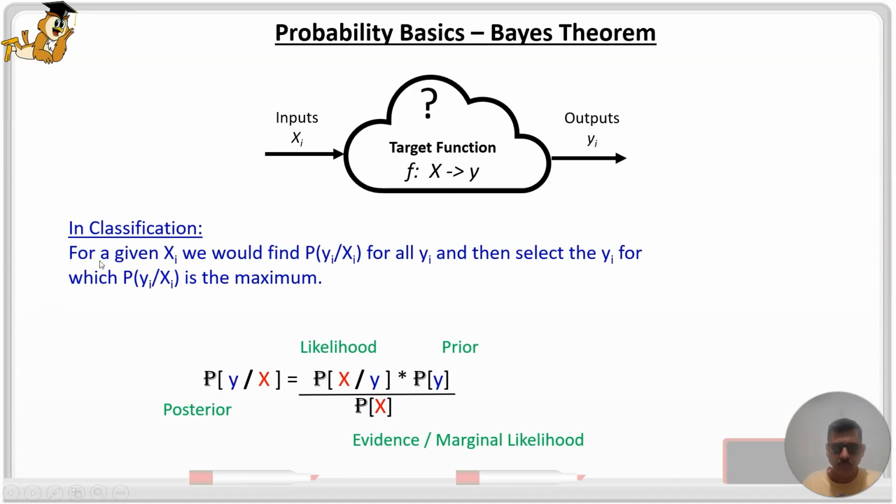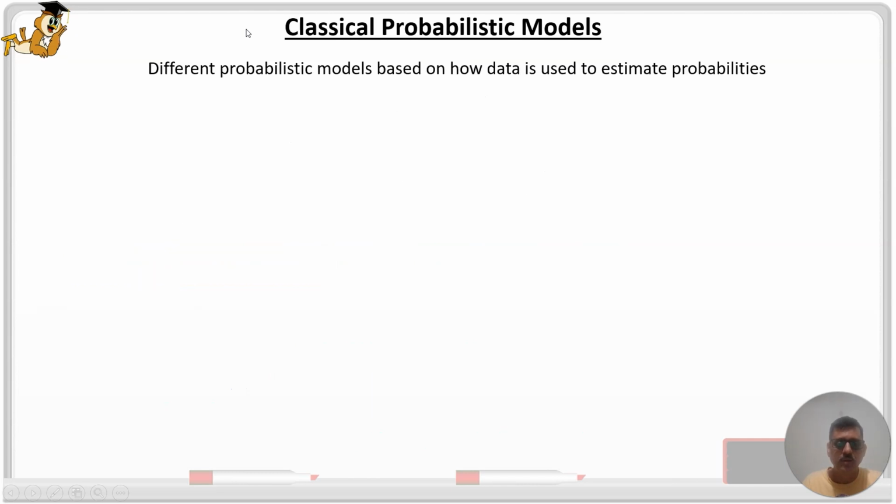Okay. Now that we have established which conditional probability is important to us in terms of our problem, let us proceed to see how these probabilities can be determined. Now there are numerous probabilistic models, and there are three which are called classical probabilistic models.